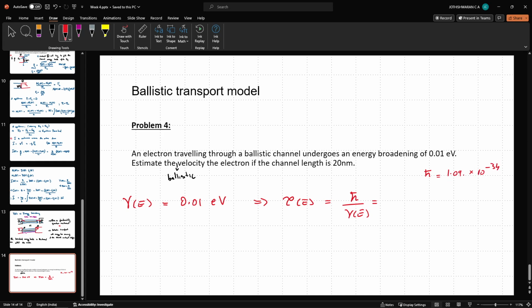Again, not very sure about this. 1 point something. Wait, how much is 6.6 divided by 3.2?